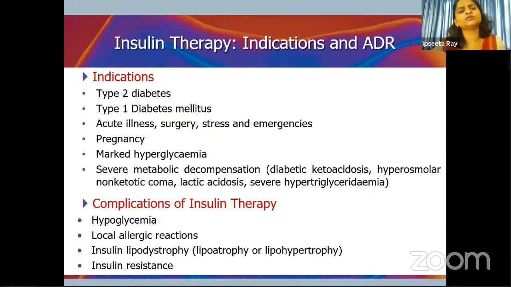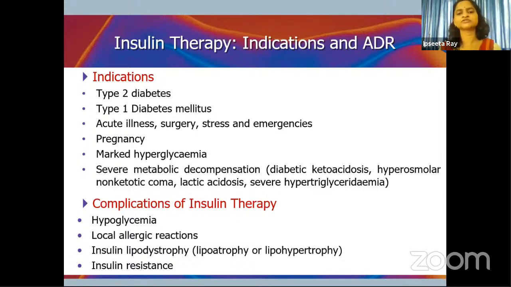Then, to tide over the stress of surgery and emergencies, insulin can be used. In severe hyperglycemia, to lower the blood sugar, again insulin can be given. In various complications of diabetes like diabetic ketoacidosis and hyperosmolar coma, again insulin is the drug of choice.